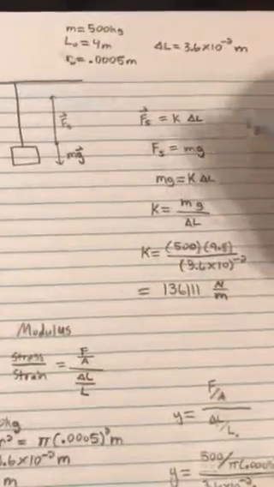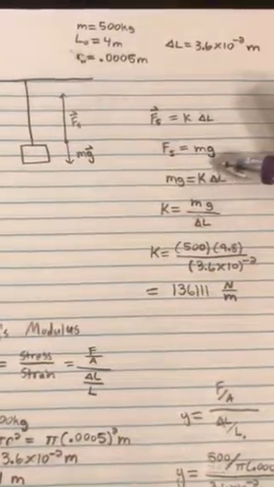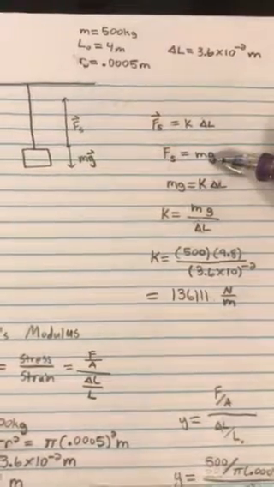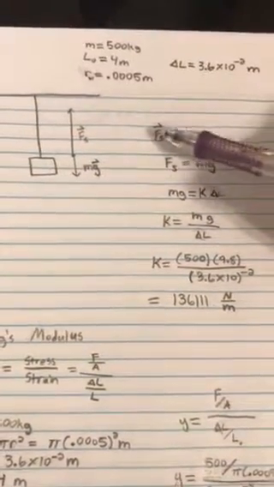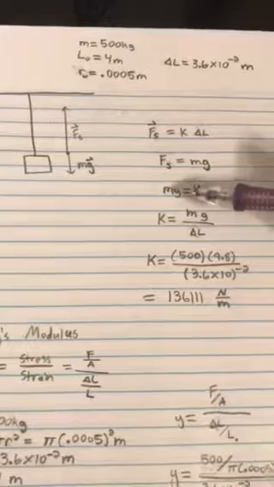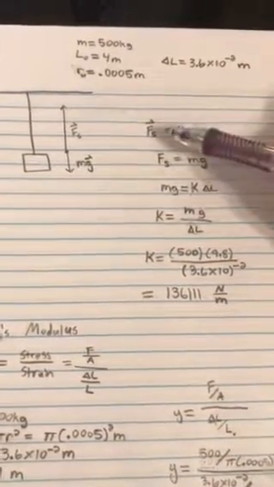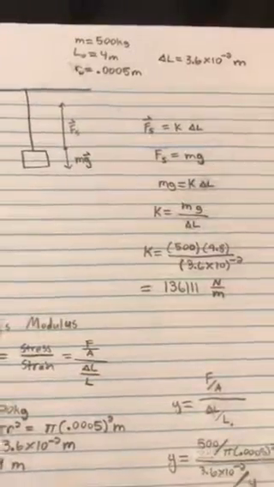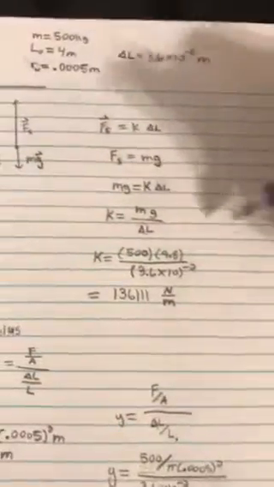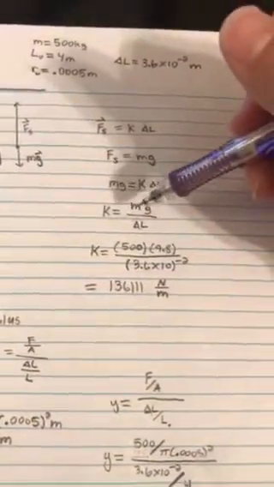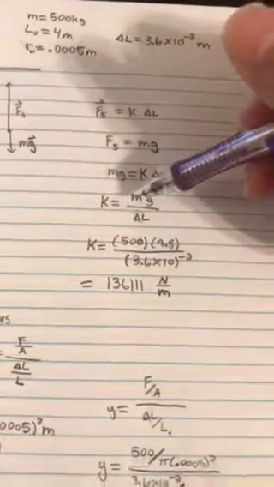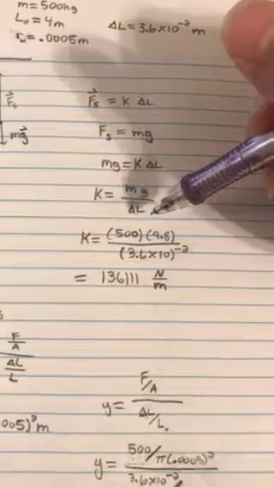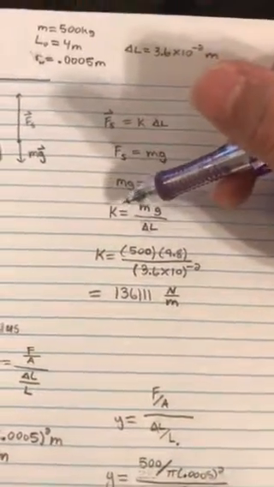Alright, so we're showing the forces equal each other. We're going to let mg take the spot of Fs in the equation. So we plug in mg for Fs, and we get mg equals k delta L, and k is what we're looking for. Shifting the equation around, we get k equals mg over delta L, and k is just the stiffness of the spring.